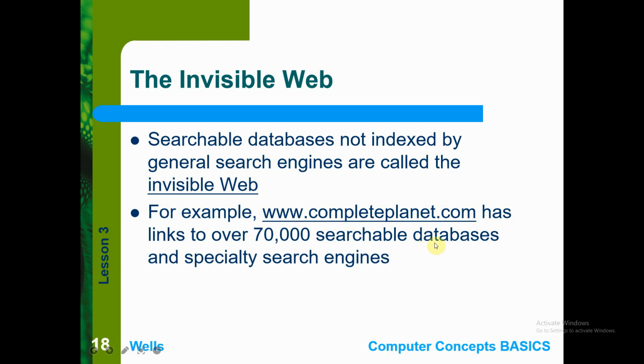Kung example, may sang search database din sila nga ready diri sa website gani. If you search it sa general search engines, no, like sa Google, wala na sila kagawa sang mga result. So they call it invisible because basically they are not indexed by popular search engines and the general search engine types.